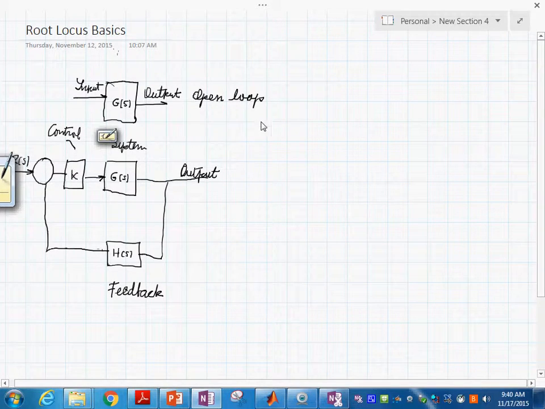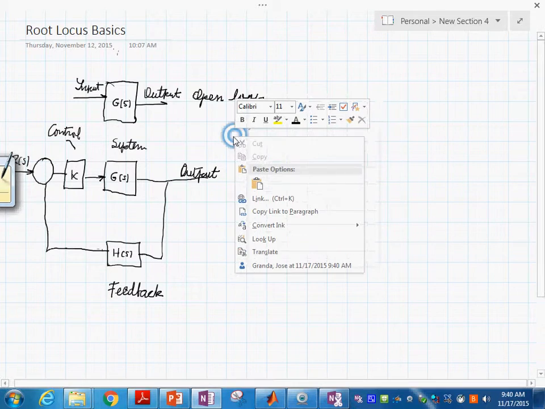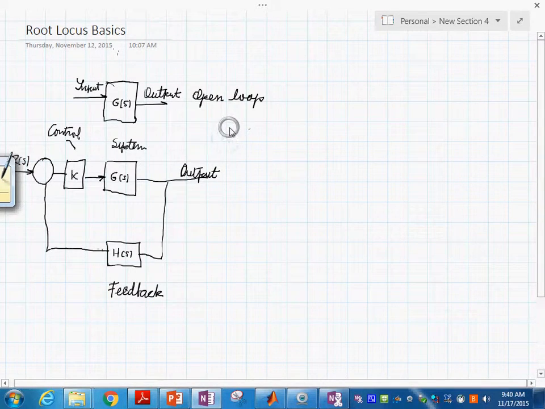You have in here an open loop system, because this is the input, this is the output. However, if we measure the output, and then we put it through a transfer function of its own, we can compare to some reference point of what we want to do.